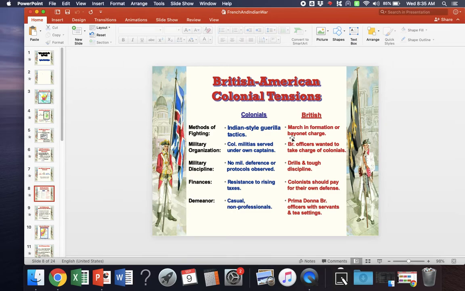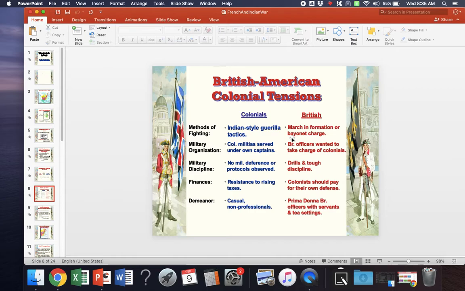Finances, resistance to raising any taxes. Again, this is going to obviously be something that we're going to talk about a lot in the coming chapters and years for the colonial people. They don't want their taxes raised. And the British say, hey, you should pay for your own defense. And the colonists say, we would not have needed a defense if you had not attacked the French.